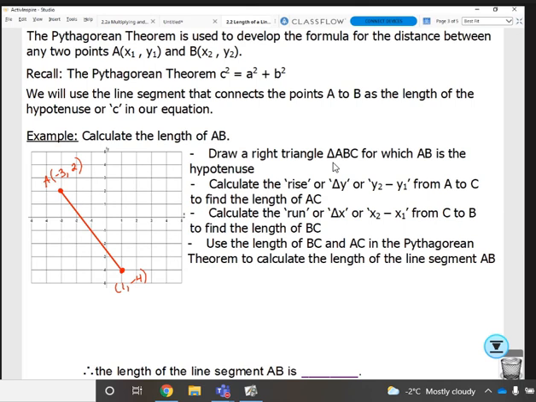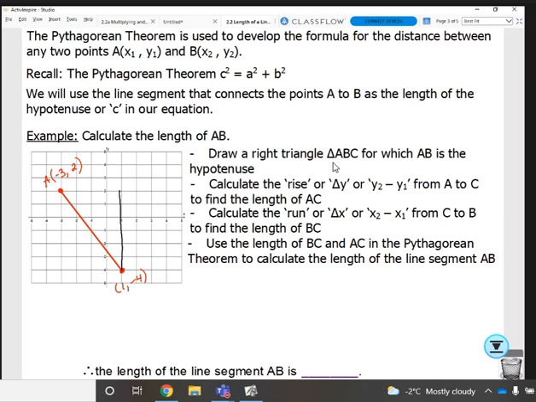Now, your right triangle can look 2 different ways. I personally like to see it like this. I don't know why. That's just the way my brain works. Yeah? But some of you may not like that. You might be thinking this. And to be honest with you, it does not matter the way you draw this thing, as long as you have the right triangle.